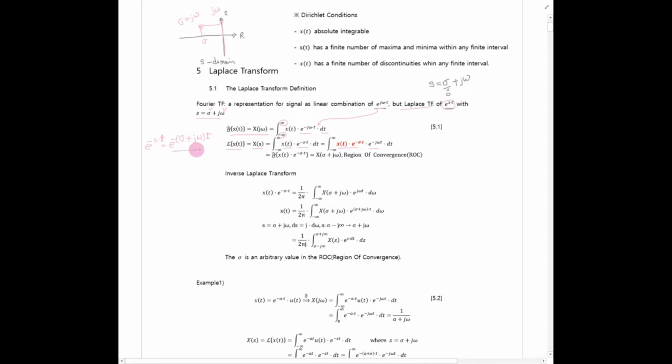So this can be decomposed into two different factors. One is the damping factor. As time goes on, this will give damping. This is exponential decay as time goes to the positive. The other part is e to the minus j omega t. This complex exponential part is the same as in the Fourier transform.